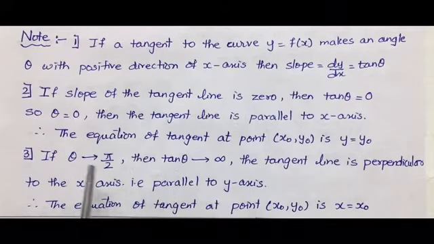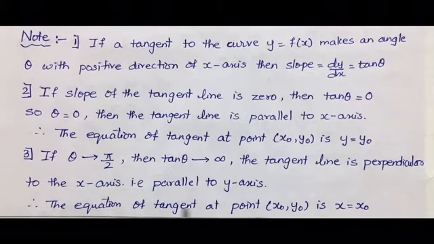That is the reason if theta is tending to pi by 2, the slope tan theta tends to infinity. The tangent line is perpendicular to the x-axis, that is, parallel to the y-axis. That means the tangent will be vertical, and as the tangent is vertical, it will be parallel to the y-axis. Therefore, the equation of the tangent at point (x0, y0) is x equal to x0.